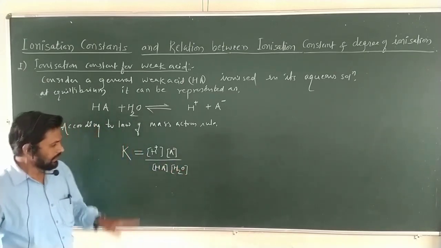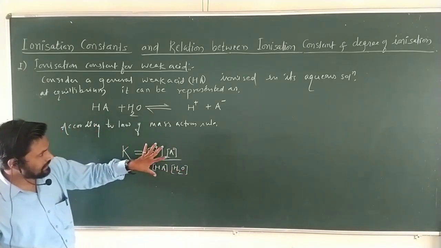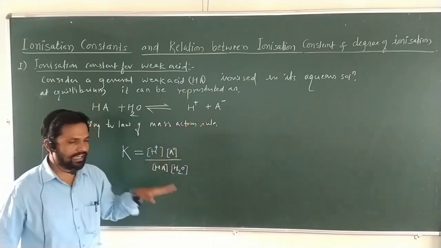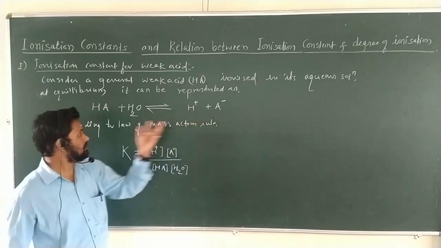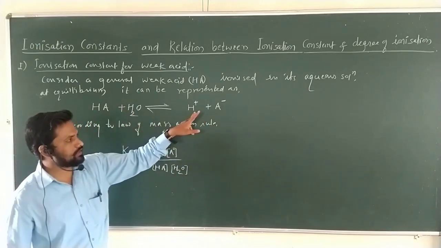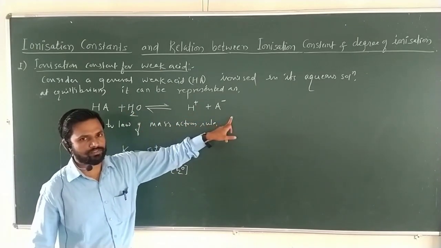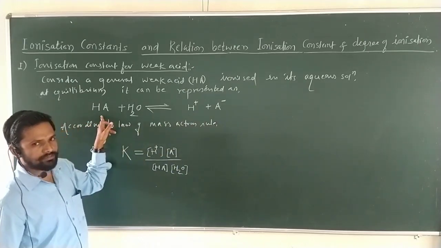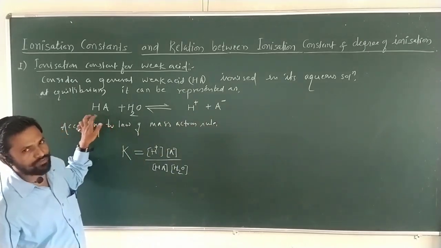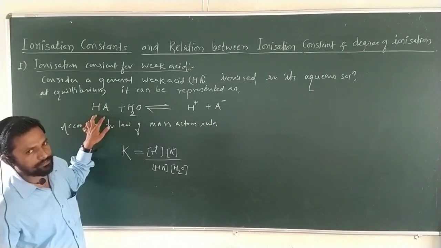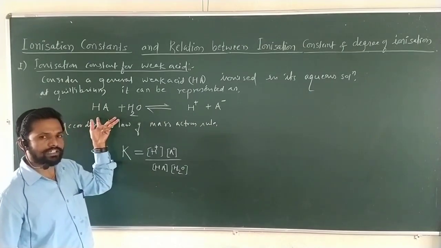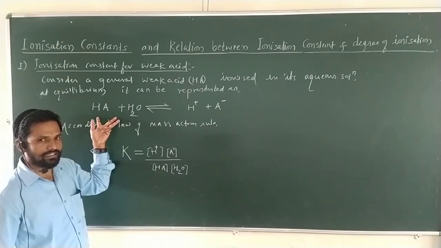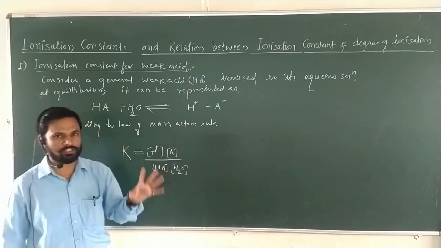What does this indicate? The products are the ionized ions, that is HA which is ionized into H plus and A negative. But at equilibrium what happens? This is a weak electrolyte or weak acid. In the case of a weak electrolyte, 100% dissociation is not possible.